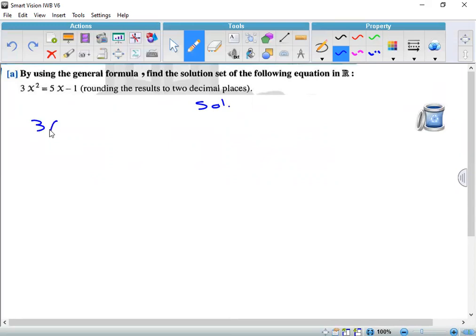3x power 2 equals 5x minus 1. This is not in the general form. What am I doing? I will make it a zero equation. 3x power 2 minus 5x plus 1 equals 0. We move 5x minus 1 to the other side by inverting the sign.